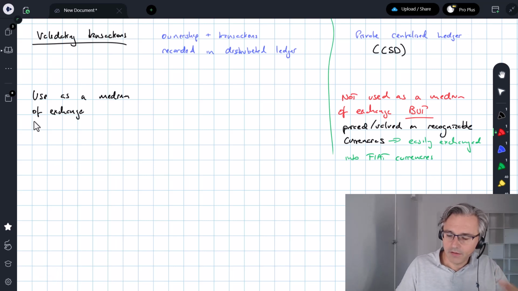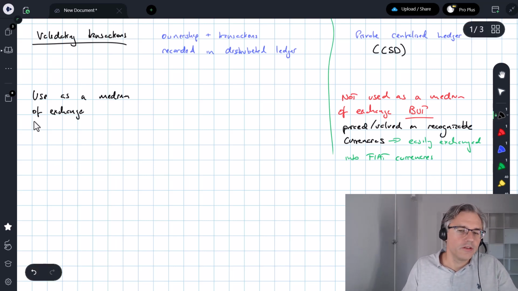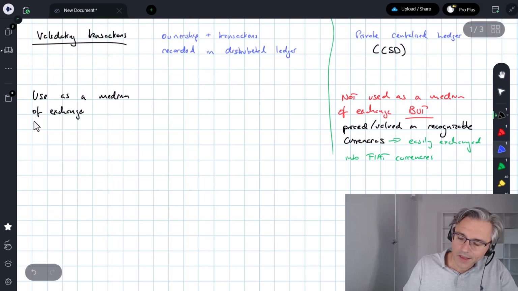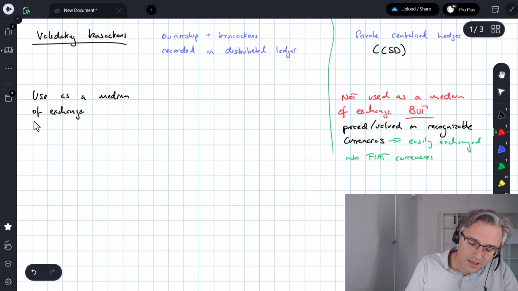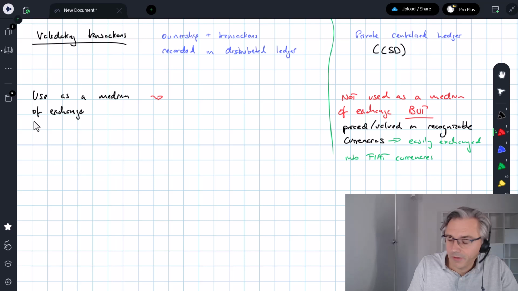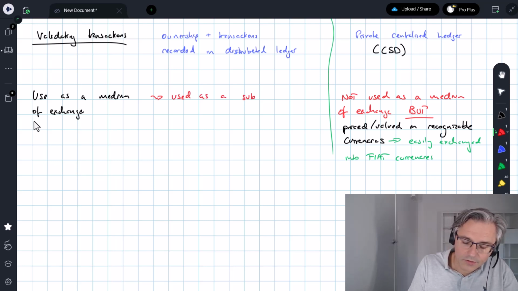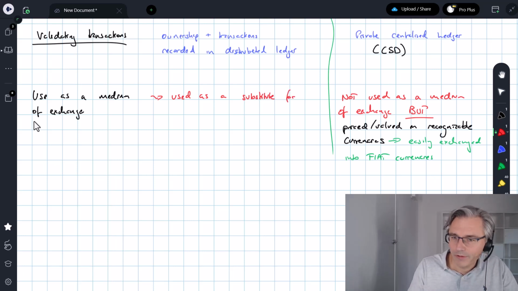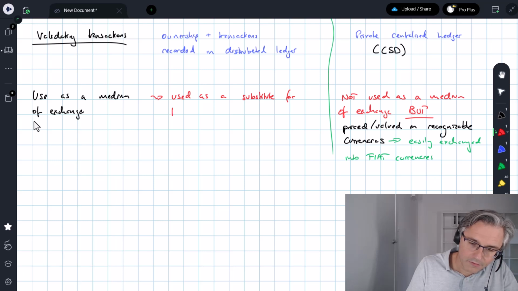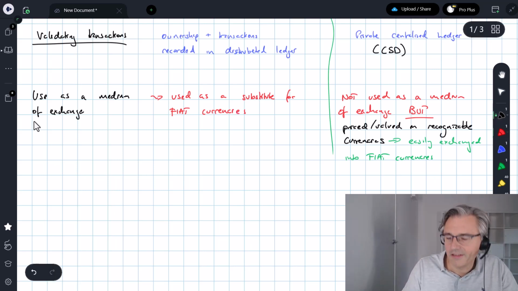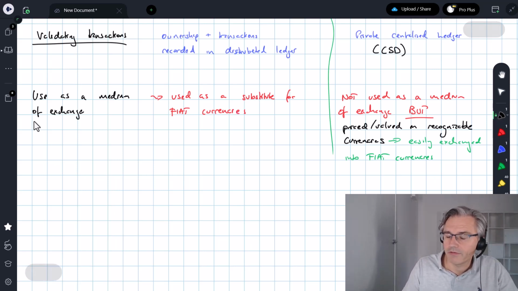Now, with digital assets, especially crypto, the aim of the creators is that they want them to be used as a substitute for the real world currencies, for fiat currencies, like the dollar, like the euro, and plenty of other currencies that are created by central banks all around the world.